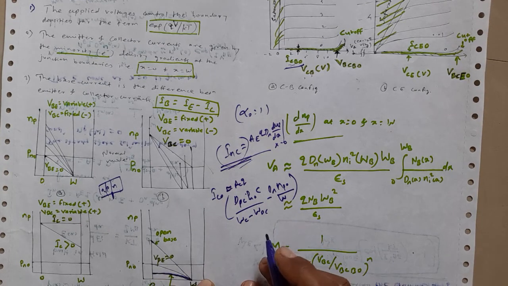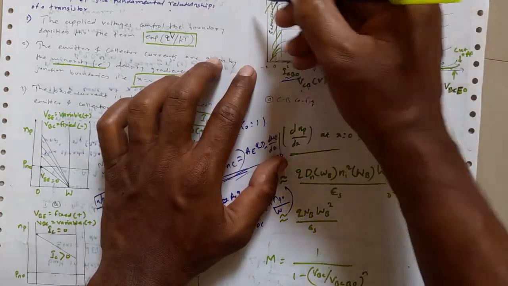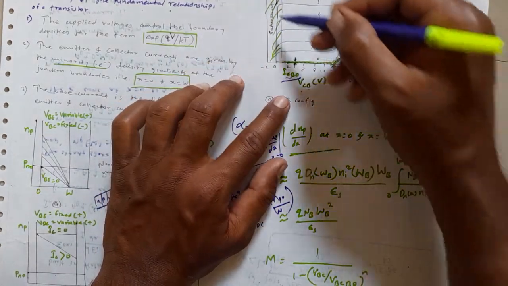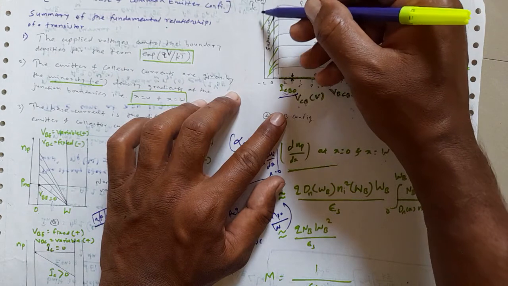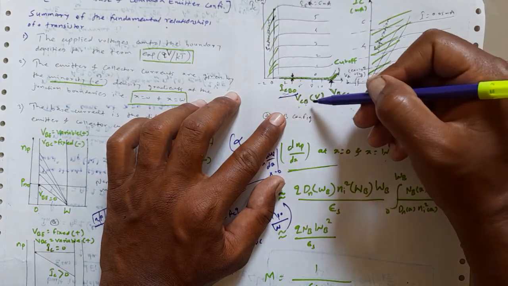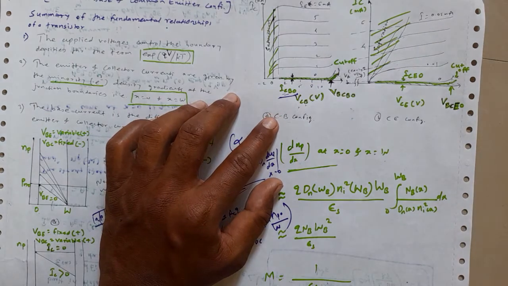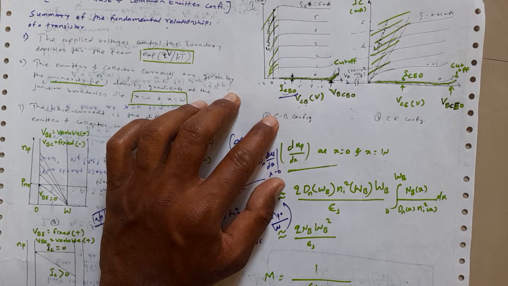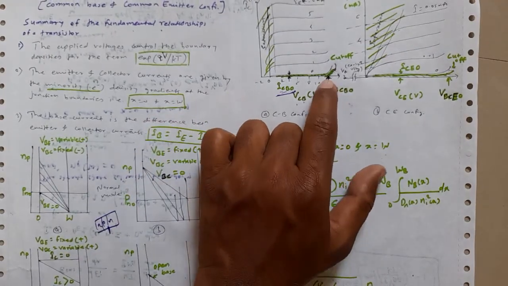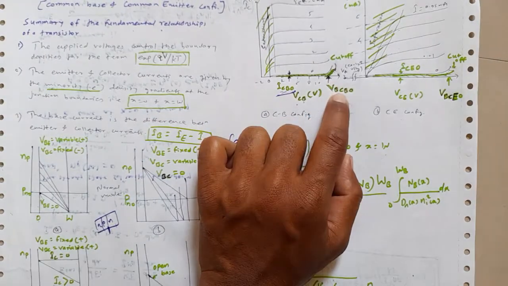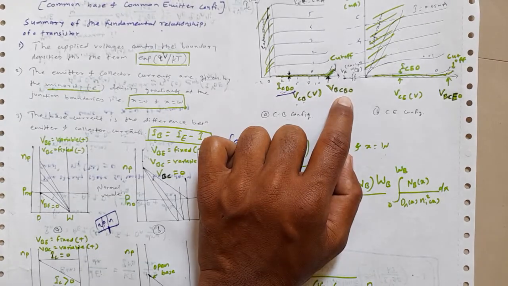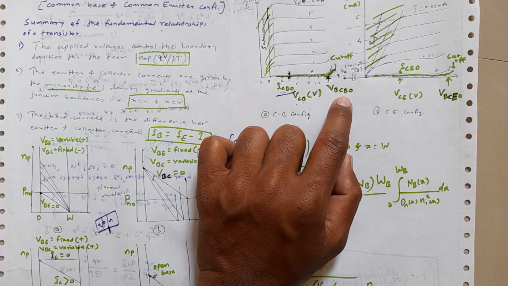As VCB increases, looking at the graph of IC versus VCB for the base configuration, when VCB increases to the value BVCBO, the collector current starts to increase rapidly.